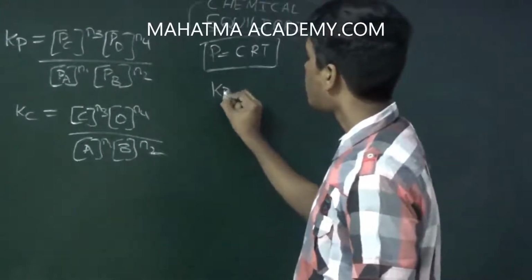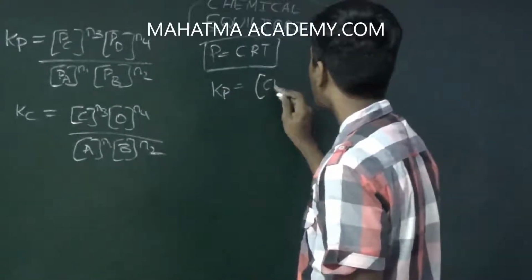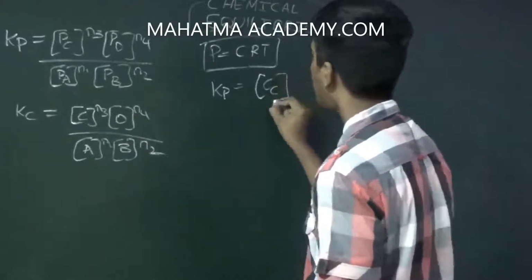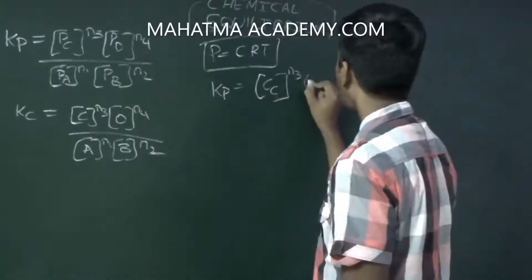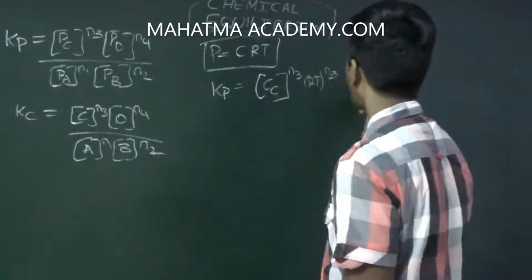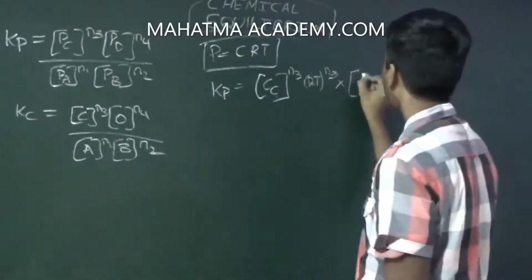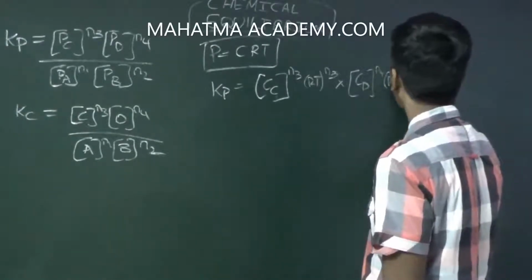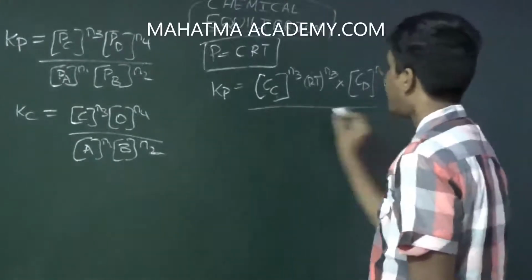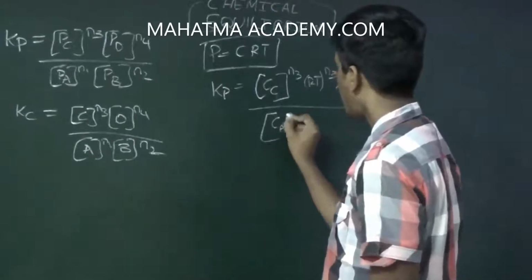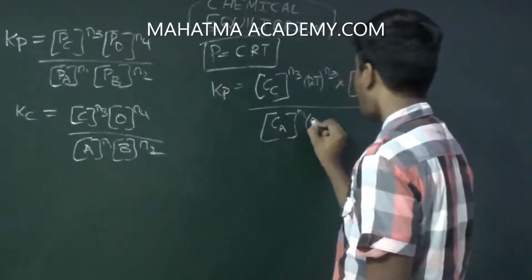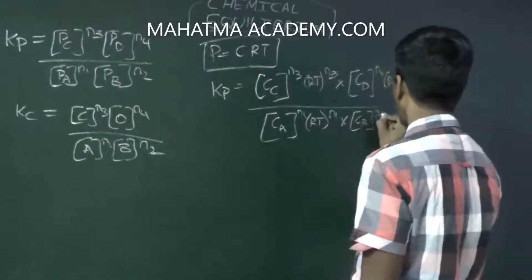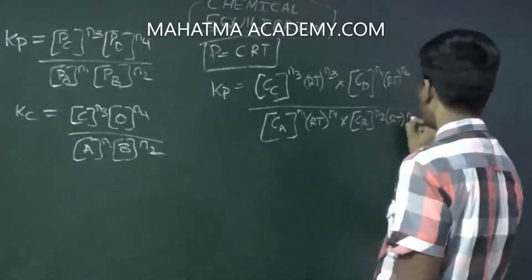Now, Kp is equal to, we can take C common: (Cc RT) to the power of n3 into (Cd RT) to the power of n4 divided by (Ca RT) to the power of n1 into (Cb RT) to the power of n2.